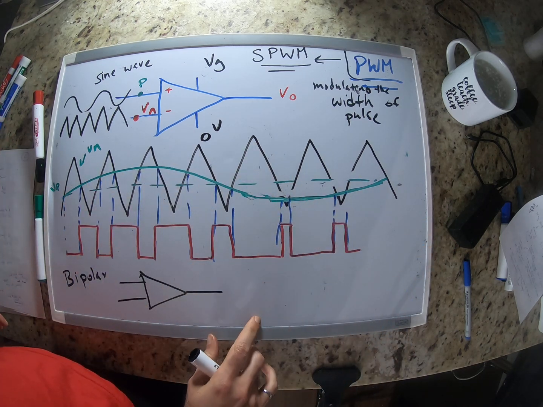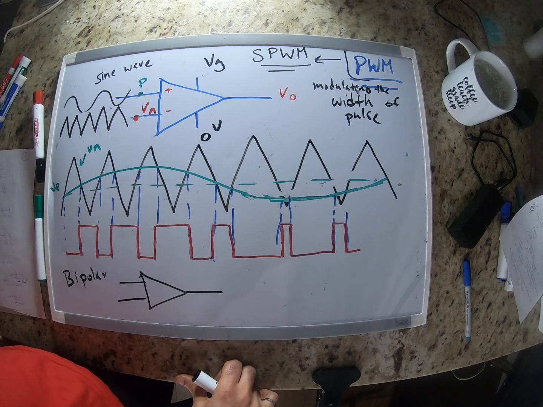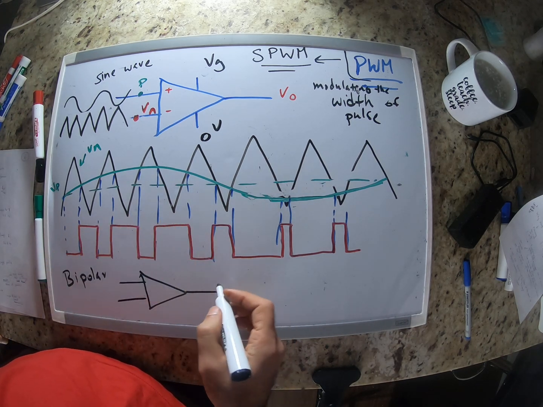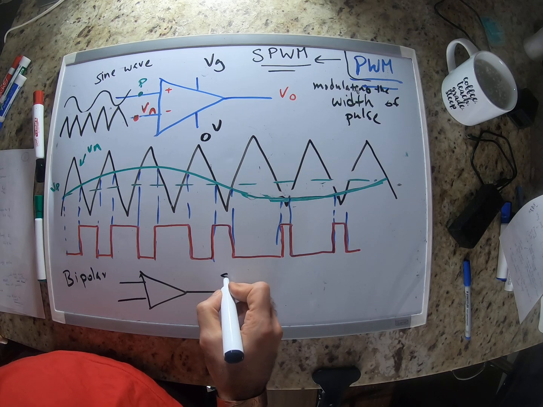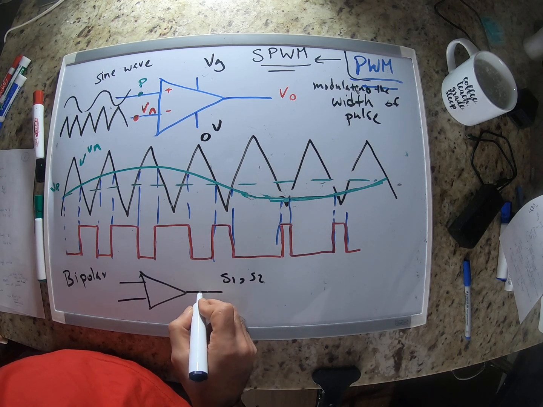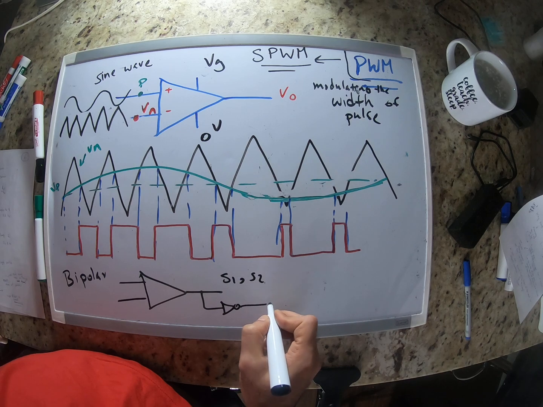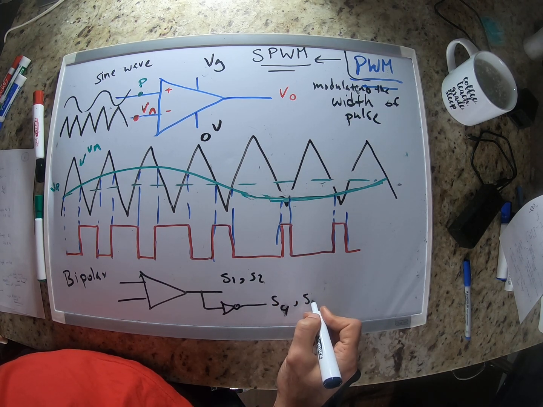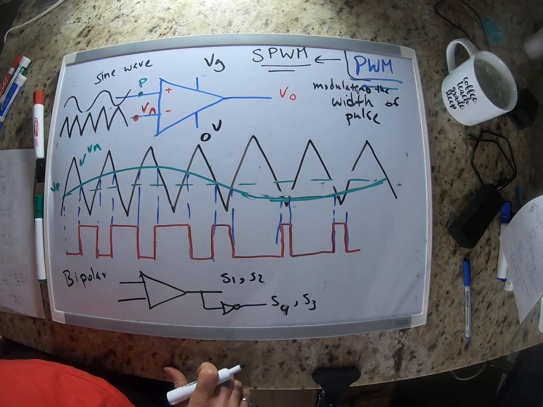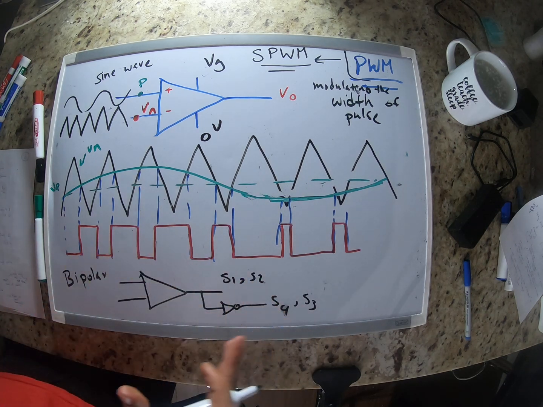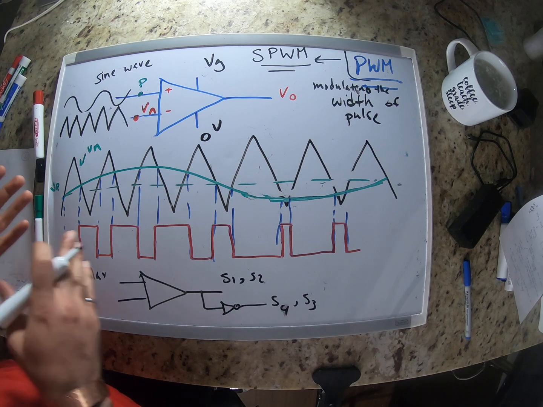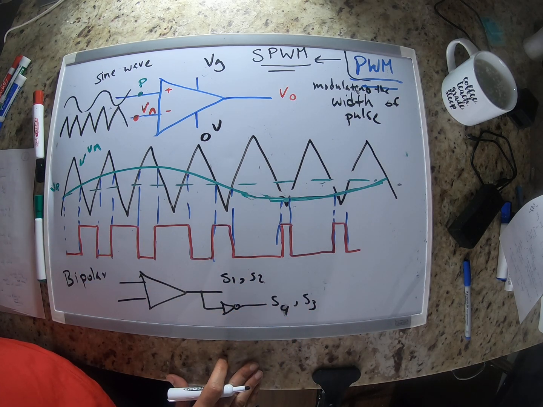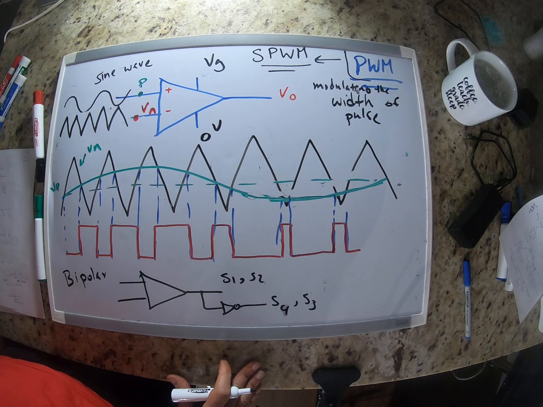This is how we generate those signals, and whatever we have, this is going to be, let's say, S1 and S2, and the complementary of that would be S3 and S4. Let me write S4 and S3. So this is what you apply to those switches to turn them on and off.